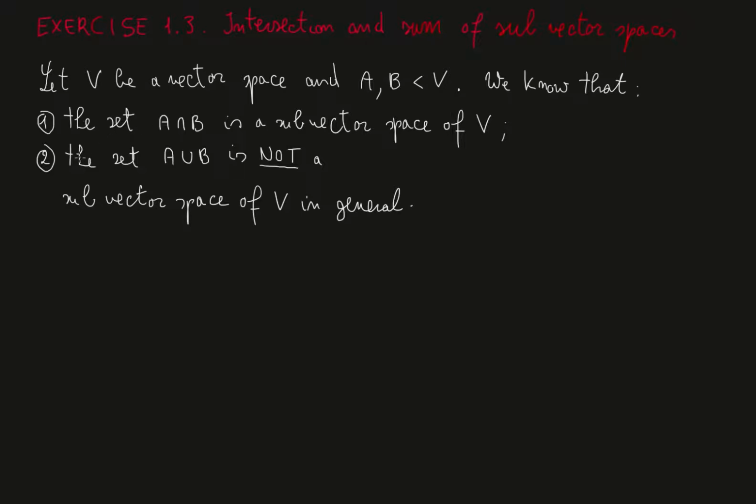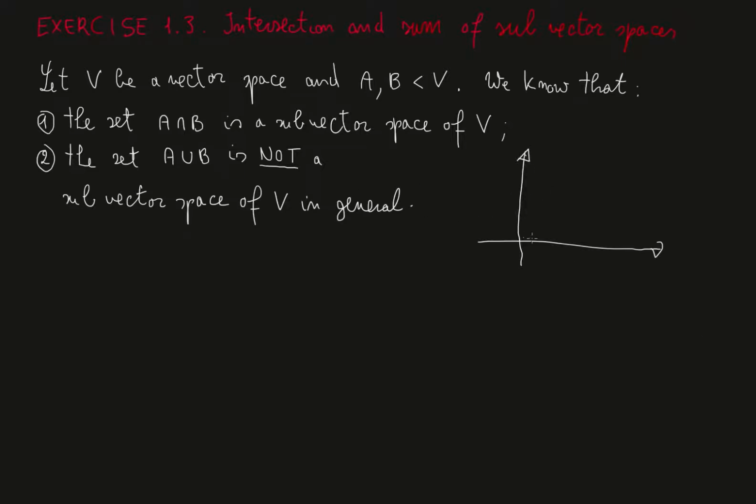On the other hand, the set A union B is not in general a subvector space of V. Well, there is a very easy example already in R2. So if V equals R2 and A and B are two subvector spaces of dimension 1, a geometrical description of the situation is the following.